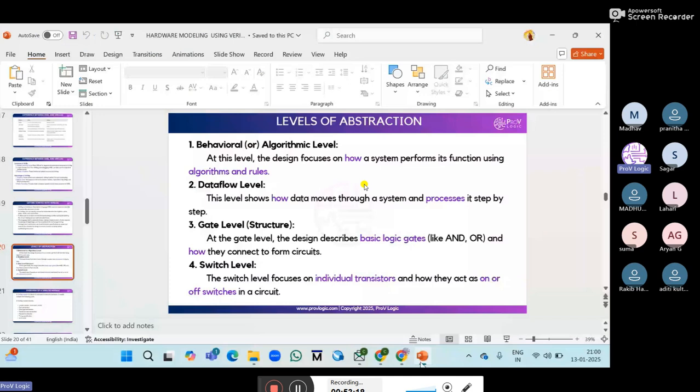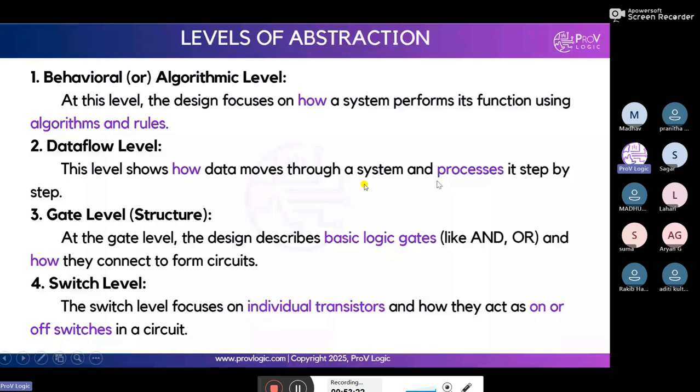Okay. Pranita, your answer? We need to know the truth table first. How do you know the truth table? How can you know the functionality?